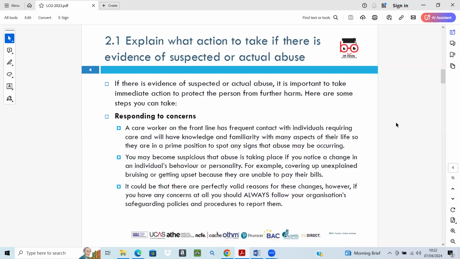Why is it important for a care worker to follow their organization's safeguarding policies when reporting a concern? It is important because the organization's policies ensure that concerns are handled correctly and appropriately, in a manner that protects both the individual and the care worker. So these are the main points about this slide.